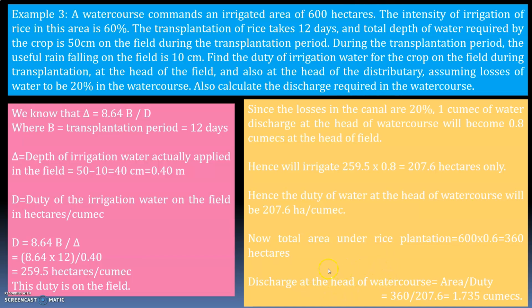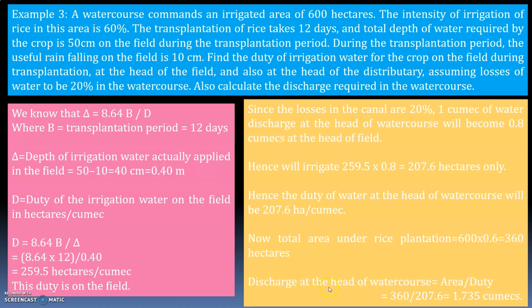How we can calculate? The discharge is nothing but area divided by duty. Here area is given, the total area on the rice plantation is 600 hectares. Okay, the intensity of irrigation of the rice in this area is 60%. So only 60% area is used for the rice plantation. So 600 into 0.6, that is equal to 360 hectares.